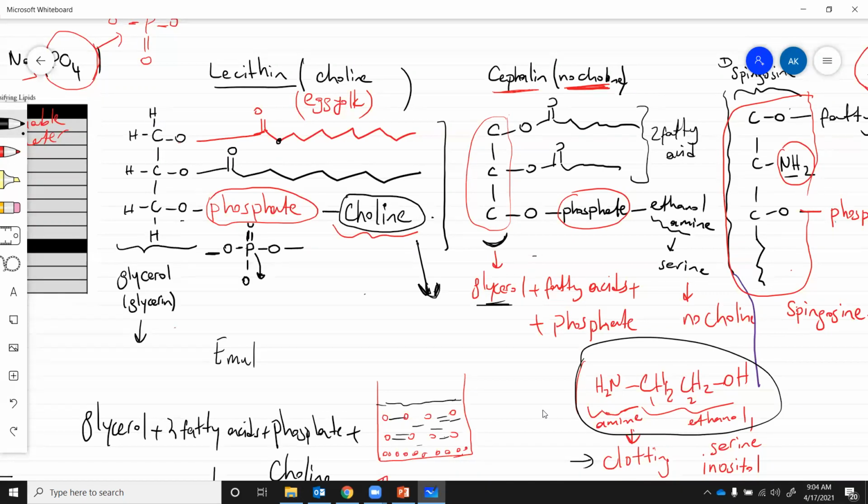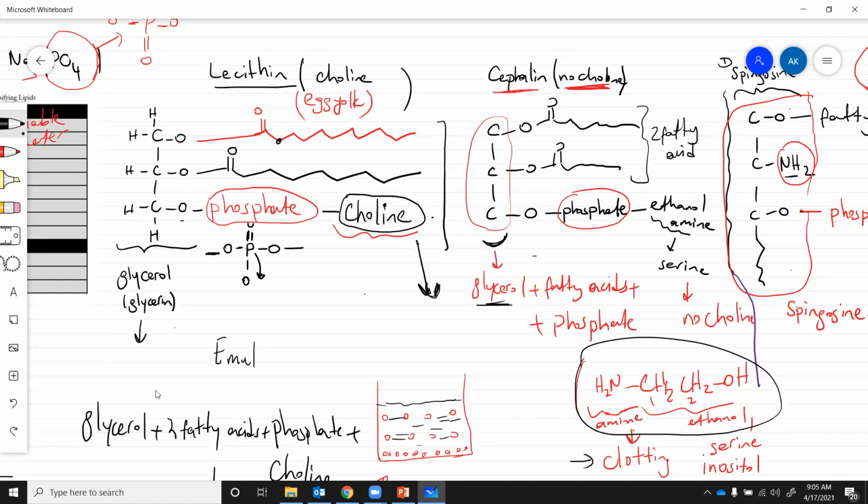If you have a cut or something, it helps you to clot the blood, basically. That's the function of the cephalin. Any question, everyone? Everyone's good?